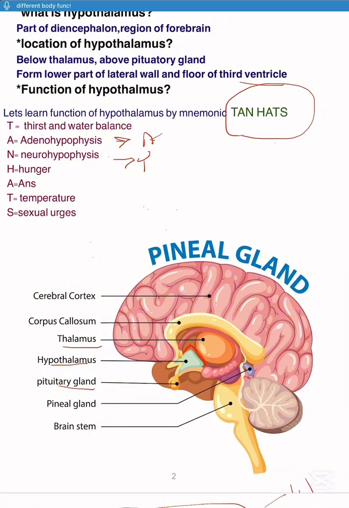It regulates different body functions, like increasing the heartbeat and slowing the GIT, etc. So TAN: T for thirst, A for anterior pituitary, N for neurohypophysis; HAT: H for hunger, A for autonomic nervous system, and T for temperature, it controls body temperature. It also controls body thermoregulation and the sexual urge.